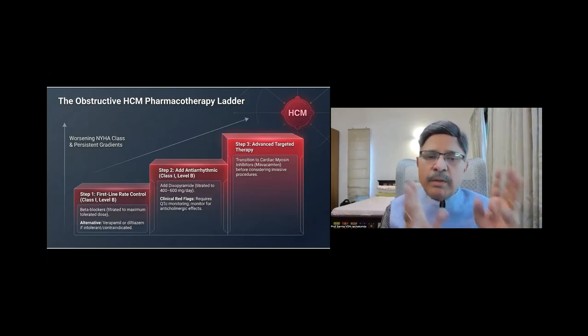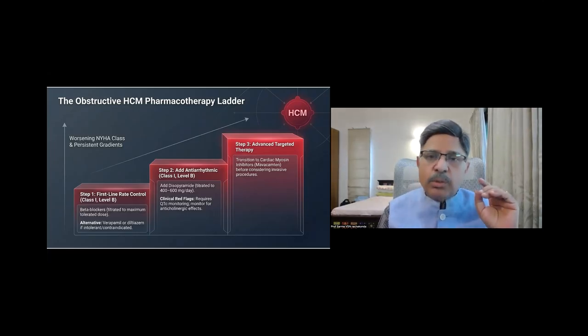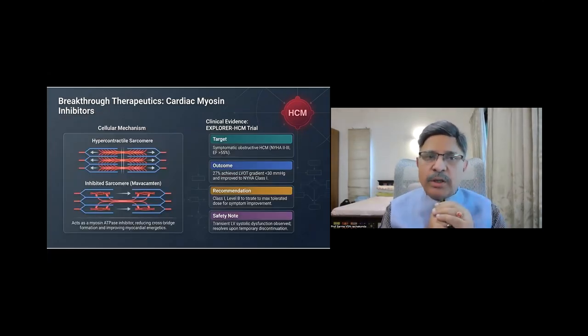Beware of the anticholinergic side effect and look for the QT interval. Then targeted therapy with cardiac myosin inhibitors, CMIs. Mavacamten is the new drug that can be used before surgery. This is the breakthrough therapy.